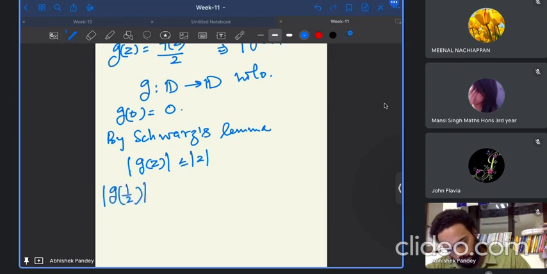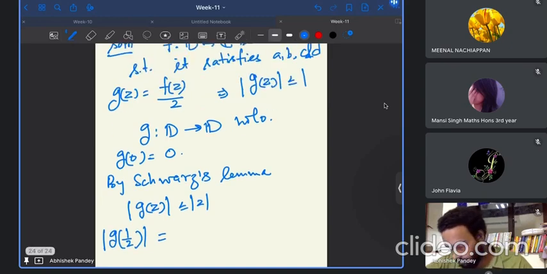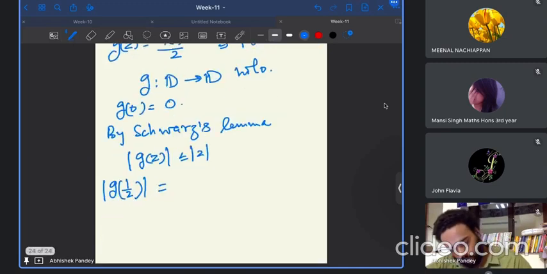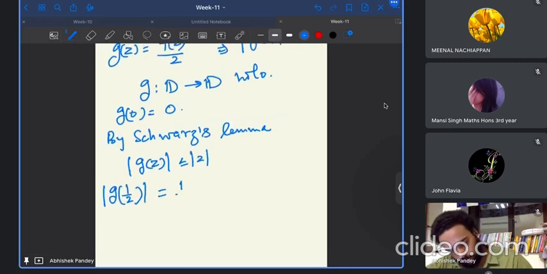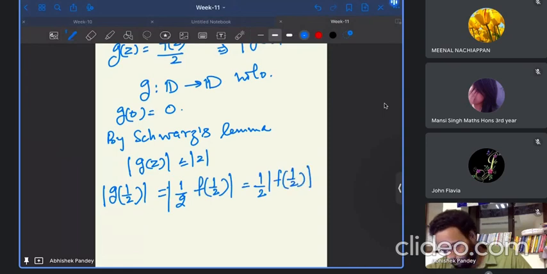Now what would be the value of this one? So g of 1 by 2 is basically 1 by 2 into f of 1 by 2, which is nothing but 1 by 2 into mod of 1 by 2. Now mod of f of 1 by 2 is 1, so this is 1.